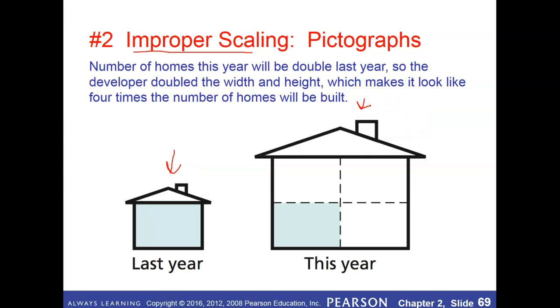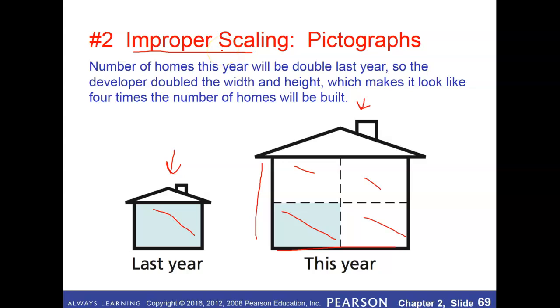But what's misleading about this is that even though this is twice as wide and twice as tall, it's really 4 times as much area. Okay, so the area here matches this area here, but you can see that it's 4 times the area, not twice the area. And so this is called improper scaling.